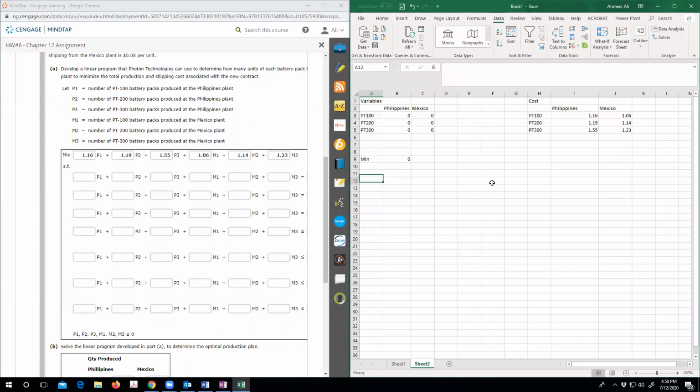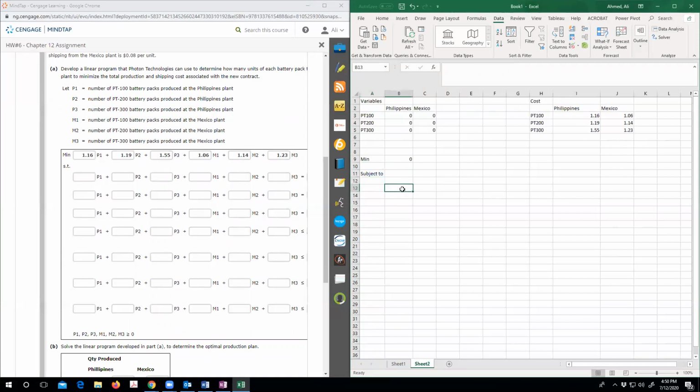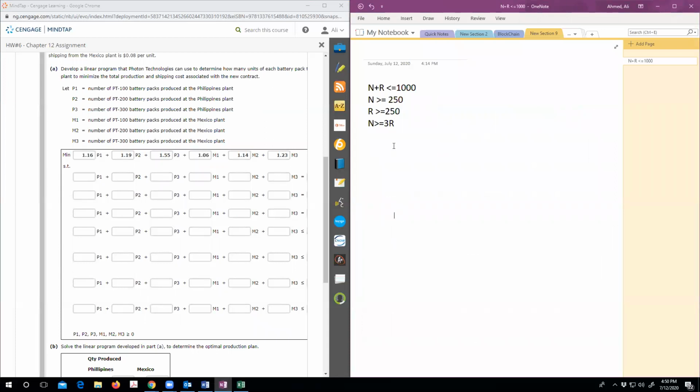Now we have a lot of subject to. Subject to, I will go back to my pen and paper. What I have to do here, this is my function.